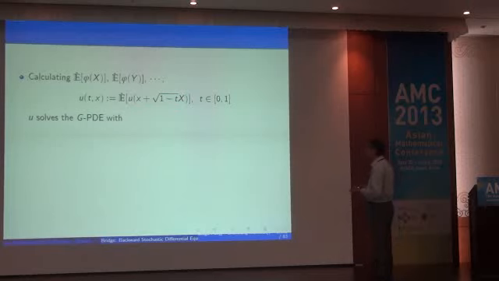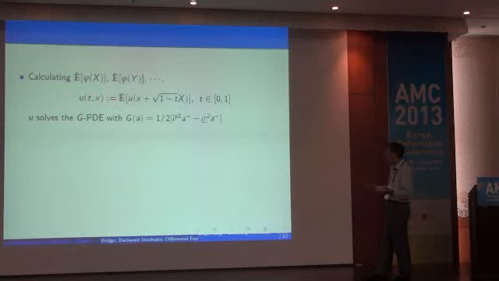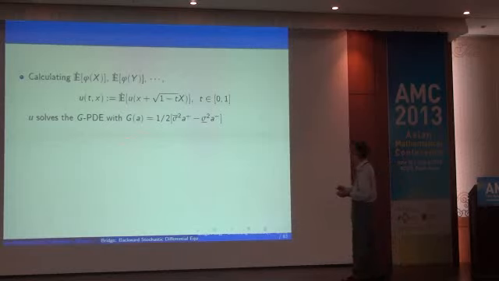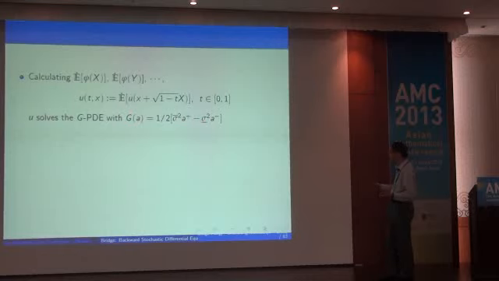But from here we define this, and we can calculate this function, which is still a PDE, but the so-called G-PDE with two parameters, upper sigma and lower sigma, where G is a sublinear function. When upper sigma equals lower sigma, G is linear, then it's the normal distribution.